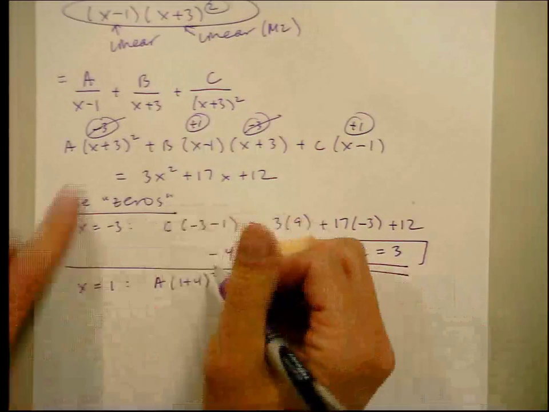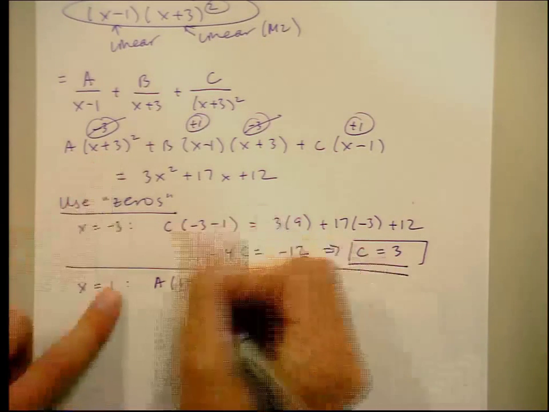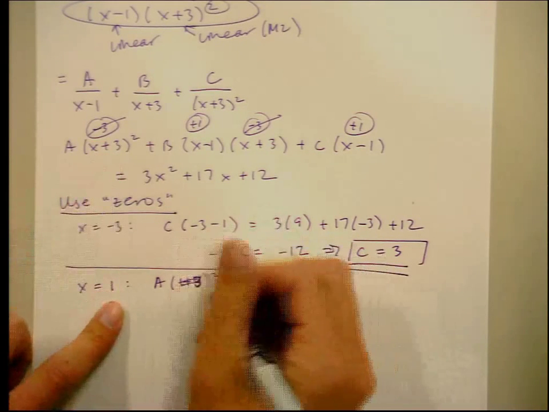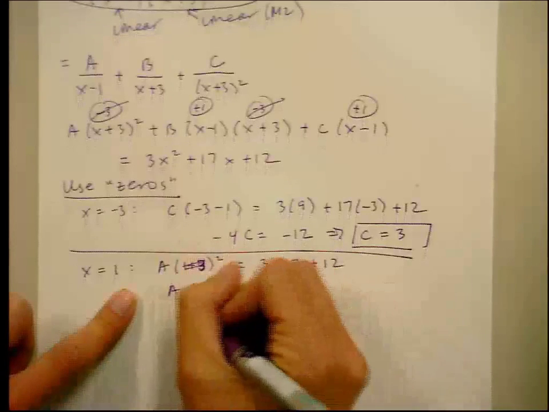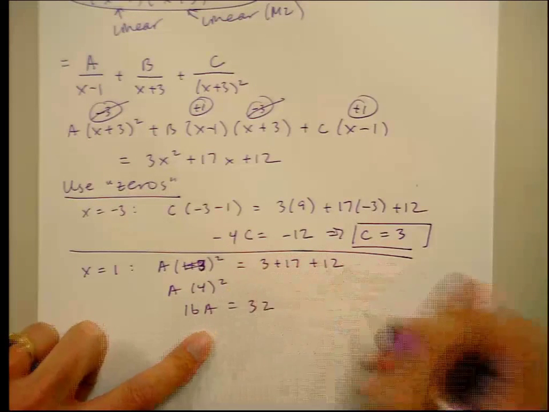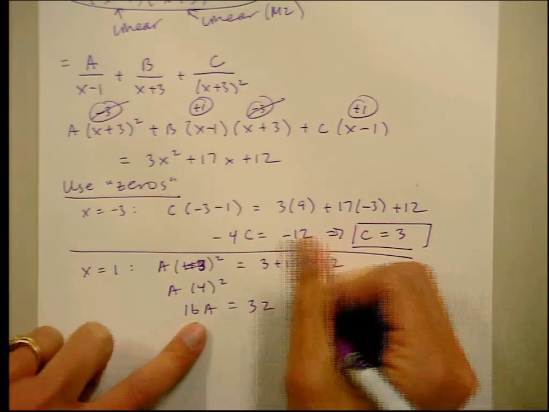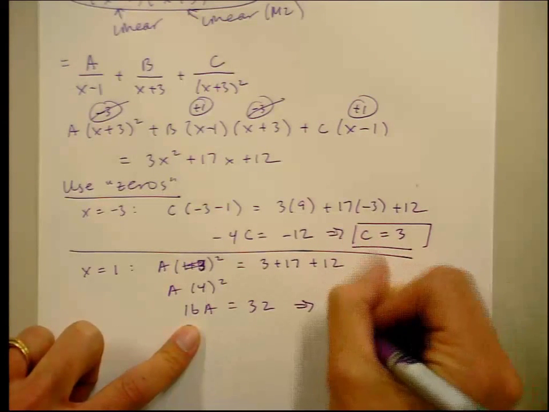I jumped the gun here. 1 plus 3 is what I should have, and that would give me 4. So A times 4 squared, so that's 16A, glad I caught that error, equals 32. When I do the division, 32 divided by 16 is 2, so A equals 2.